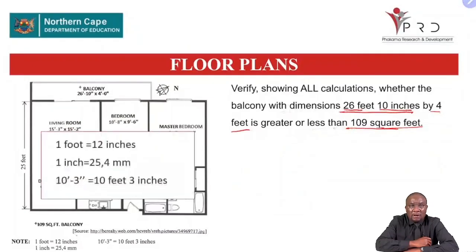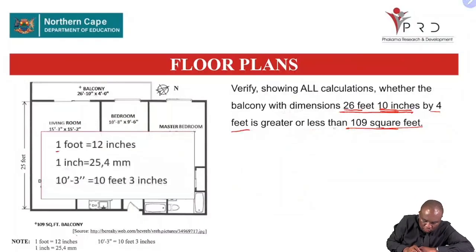This is the information: 1 foot is 12 inches, then 1 inch is 25.4 millimeters. We need to find the area of this balcony in square feet, and then compare and see if it's less than or greater than 109. So we have to convert 10 inches to feet. We're told that 1 foot is equal to 12 inches.